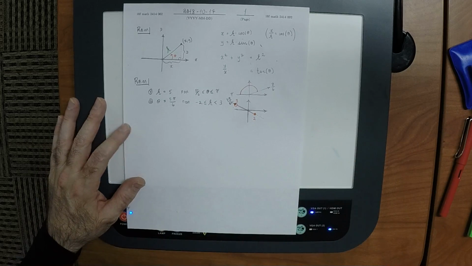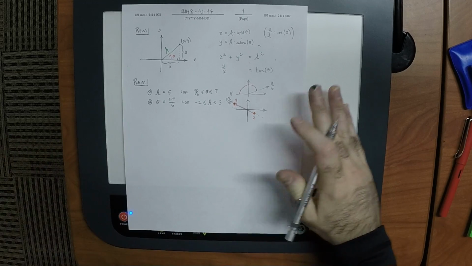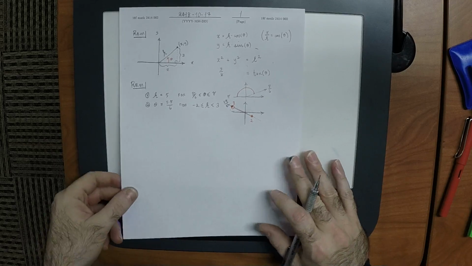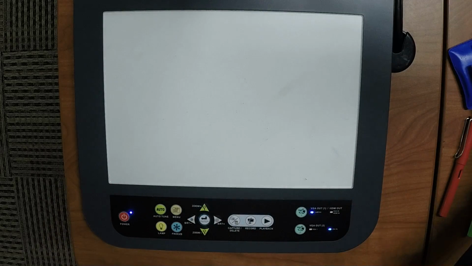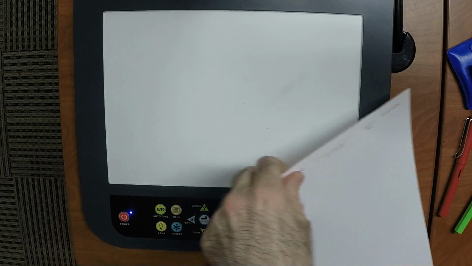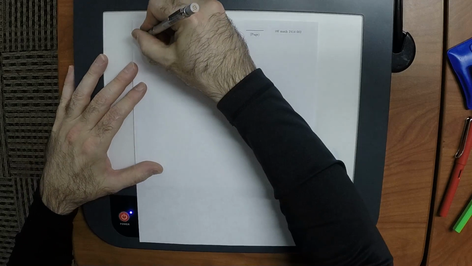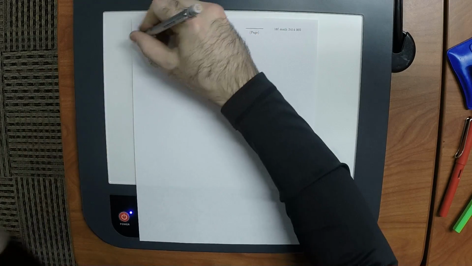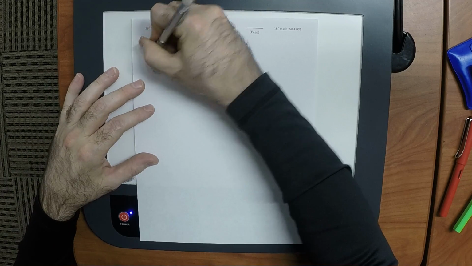Okay, so I asked you to consider the various polar plots that are in the book. So now we're going to consider a very specific one. This particular one is called a cardioid. In fact, an example.